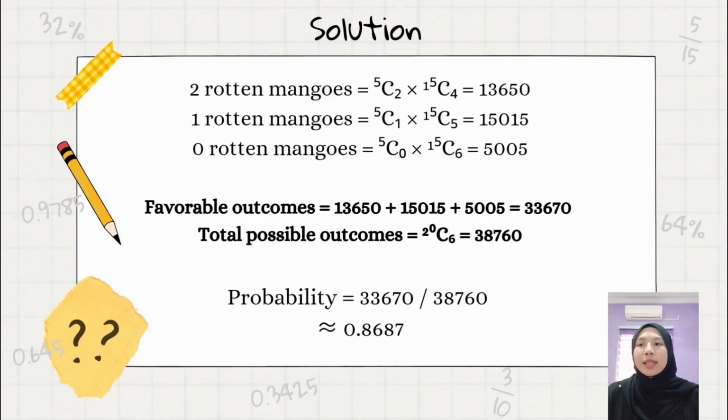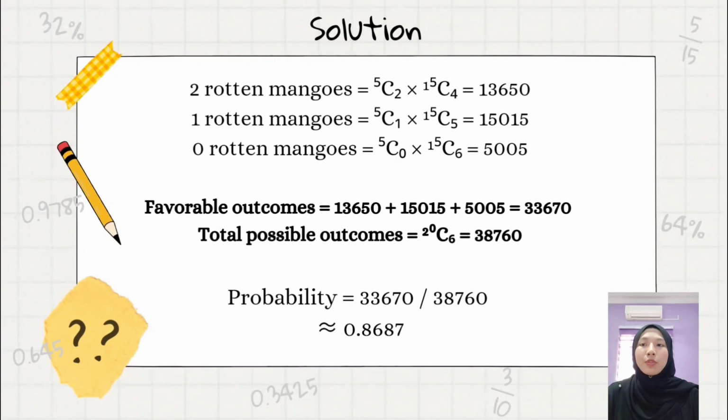The last one is selecting 0 rotten mangoes. So the number of ways to select 0 rotten mangoes from the 5 available rotten mangoes is given by 5C0, which is simply 1. Similarly, the number of ways to select 6 mangoes from the 15 available good mangoes is given by 15C6.